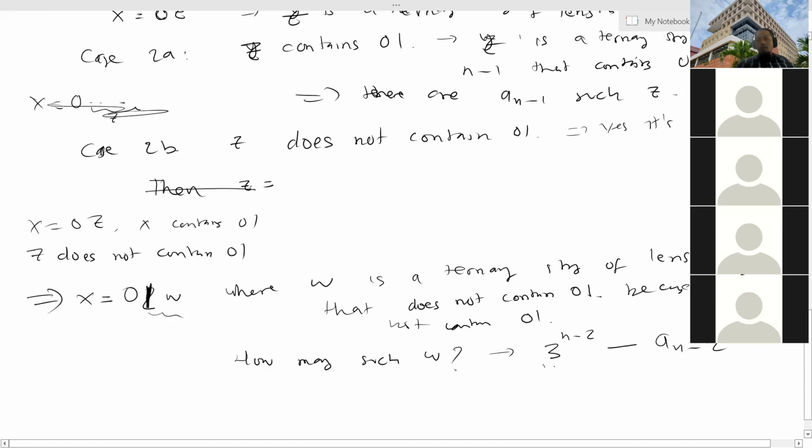Because this is the total number of ternary strings of length n minus 2, and this is the number of ternary strings of length n minus 2 that contain 0, 1, right?